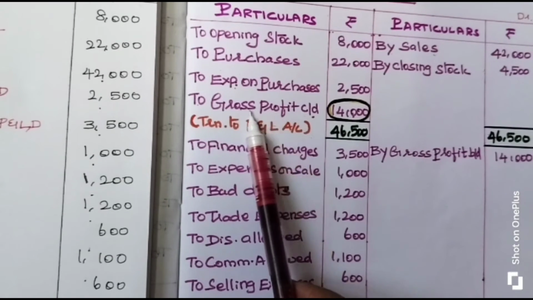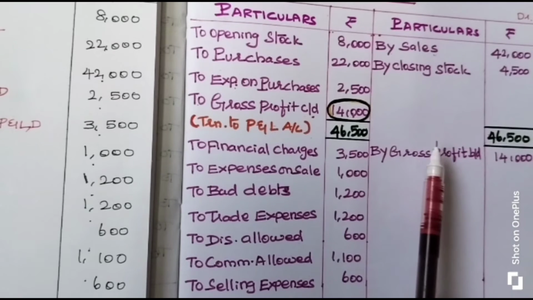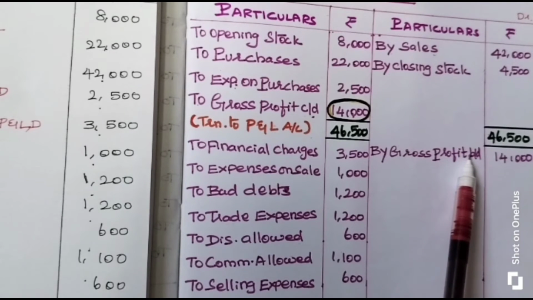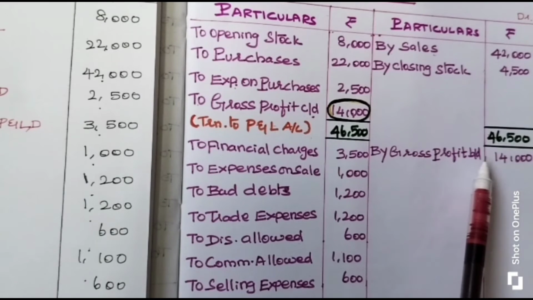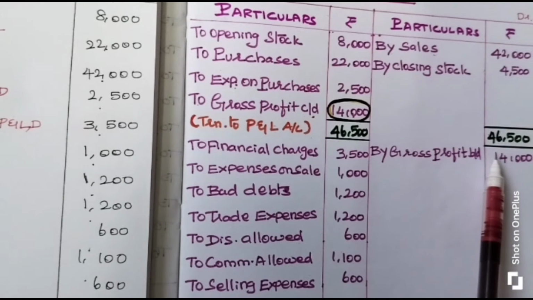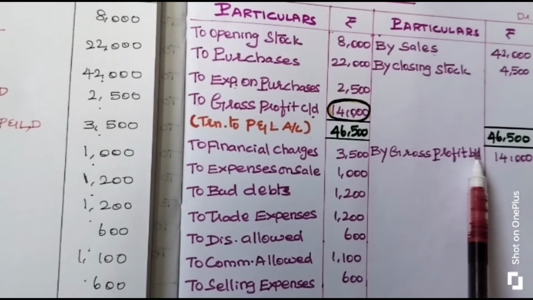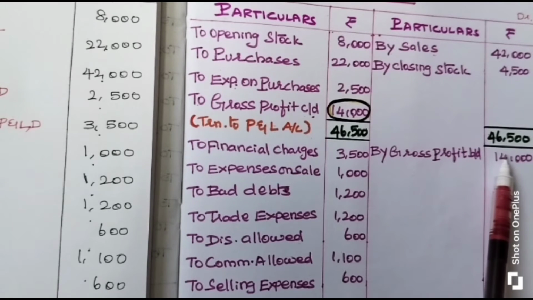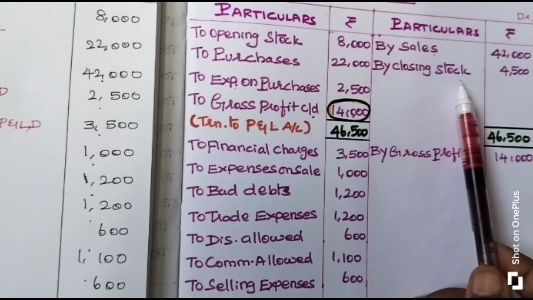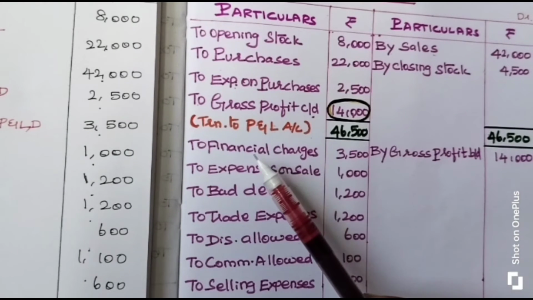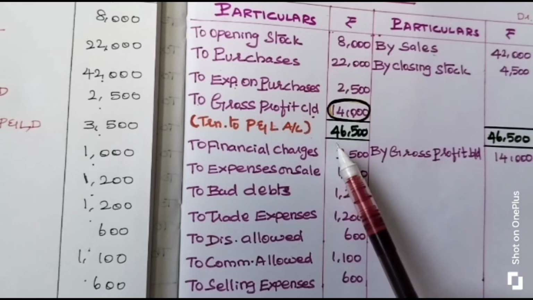If you get gross profit, you have to enter it on the credit side of the profit and loss account. If you get gross loss, you have to enter the gross loss on the debit side of the profit and loss account.